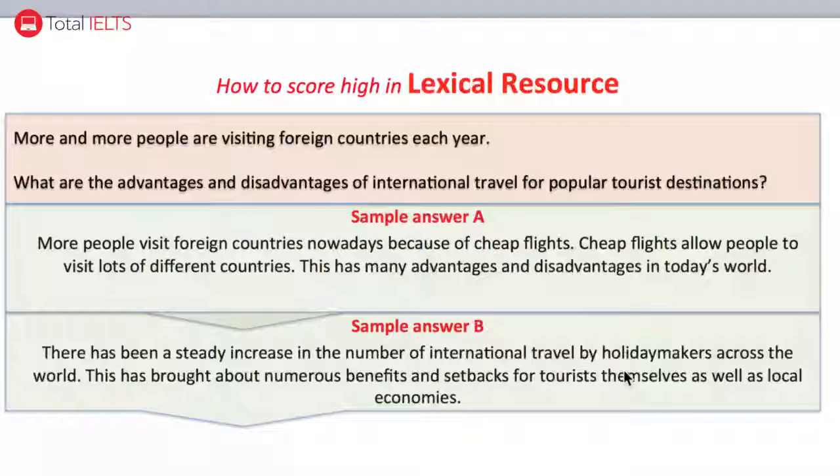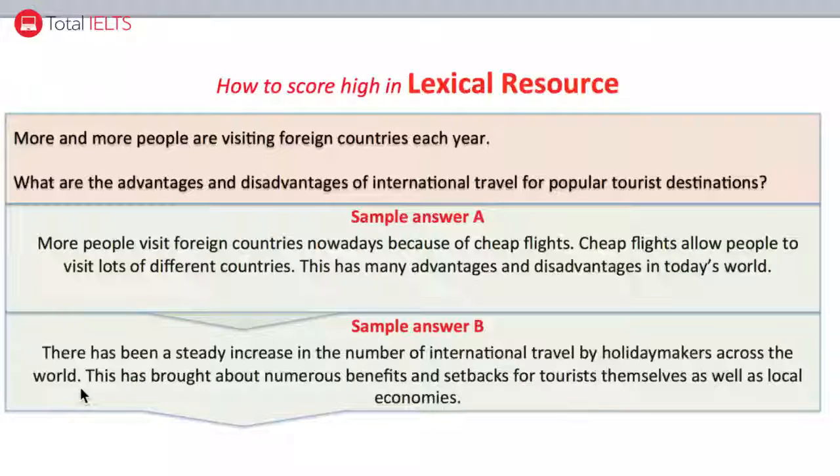Instead of foreign countries, the candidate used international travel. Instead of more and more people, this candidate used there has been a steady increase. So already we can see that this candidate has a range of vocabulary and can paraphrase the given question quite easily.